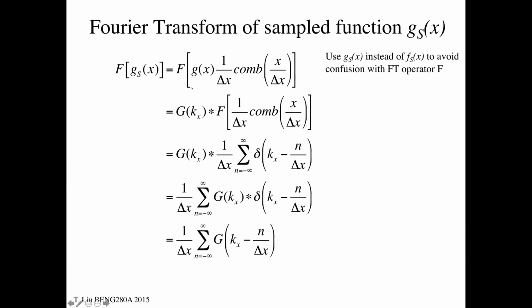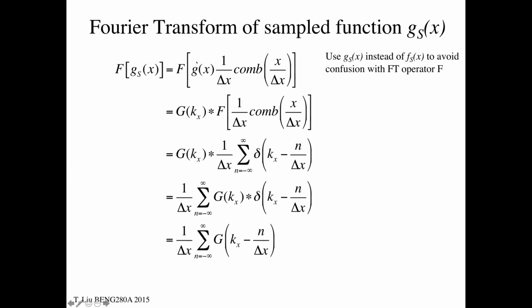We break up the definition of g sub s of x into the product of g of x and the comb function. We then use the convolution theorem, which is really important. That's why the convolution theorem was so important, right? To express the Fourier transform of this product as the Fourier transform of g convolved with the Fourier transform of the comb function.